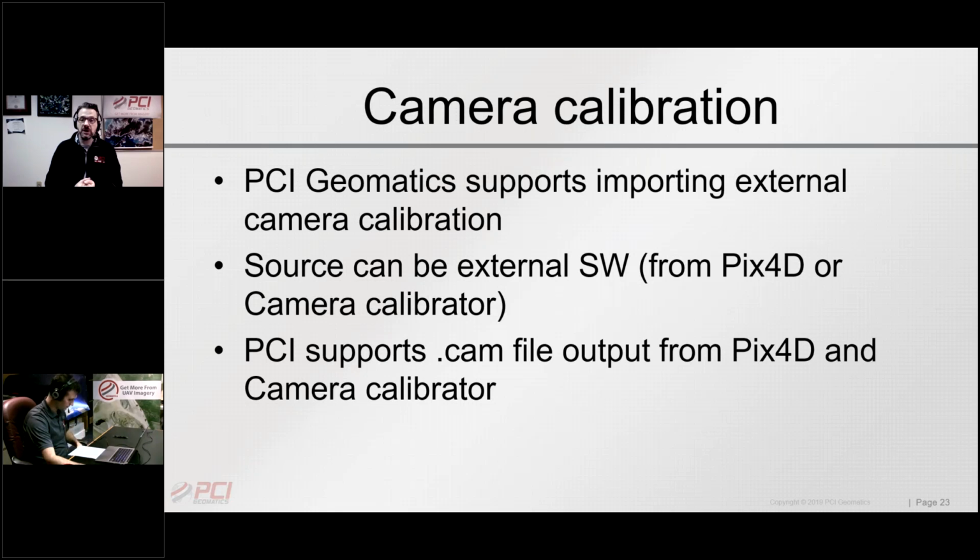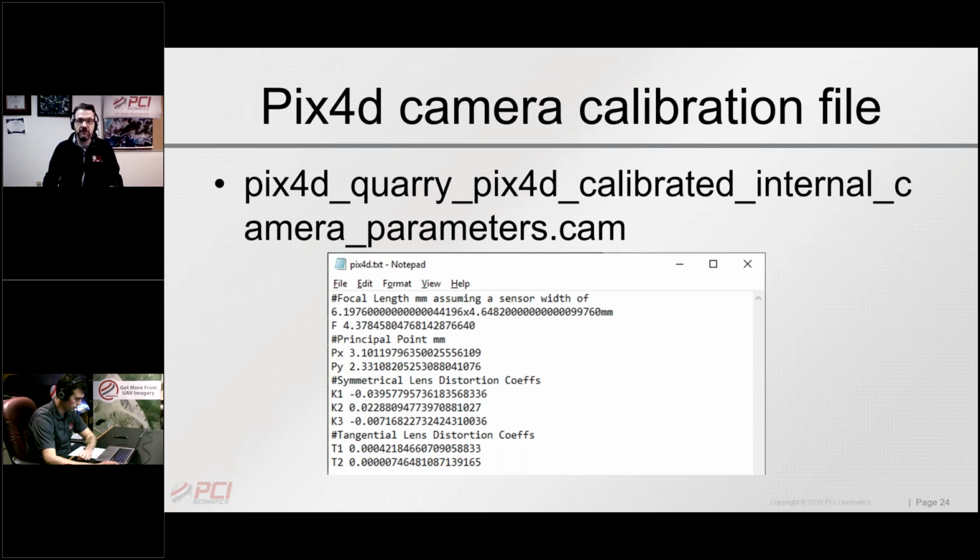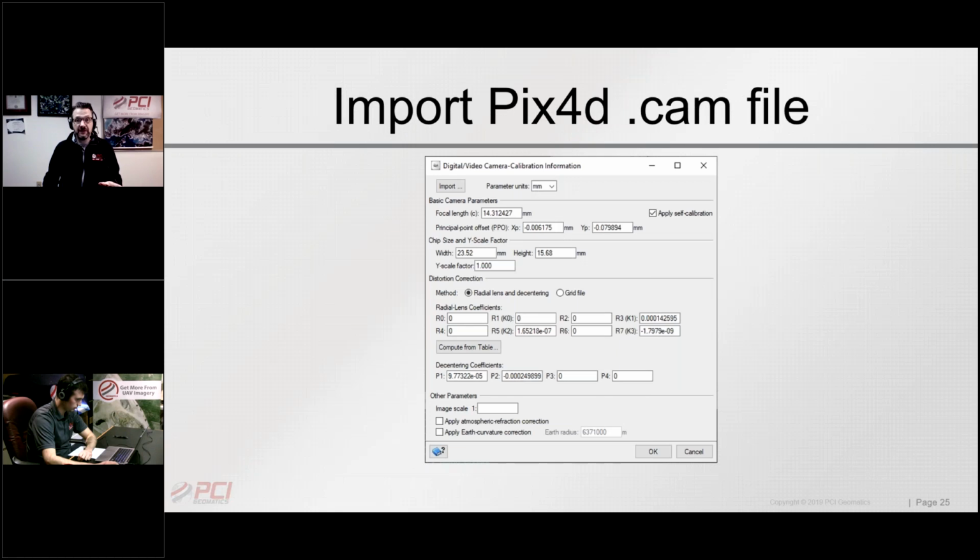We've been working with some of the leading researchers around camera calibration, such as Dr. Clive Fraser from the University of Melbourne in Australia, and he certainly has a piece of software that is pretty inexpensive and quite powerful to perform camera calibration. This is just an example of external camera calibration from Pix4D that's been put into the format that we can read into our software. So with that, I'm going to pass over to Jason for the first demonstration.